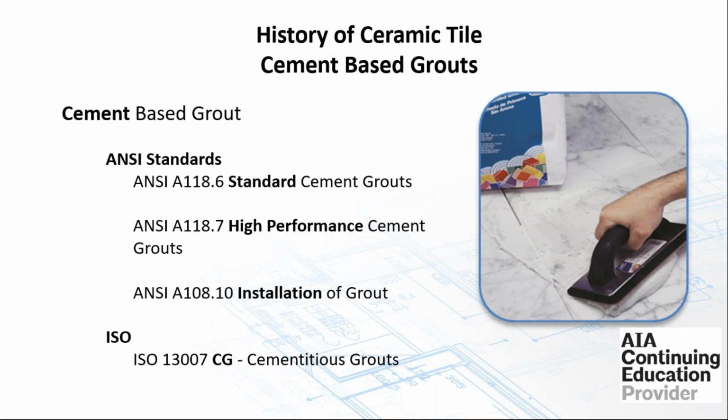And we're going to get into a discussion on the differences between those types of grouts and what they mean, as you look at that ANSI specification. The installation of the grout for ANSI follows A108.10, and then our ISO designation for cement grouts is ISO 13007 CG, cementitious grouts. Some of the codes that you'll be familiar with in your specifications as you're calling out the right type of grout.